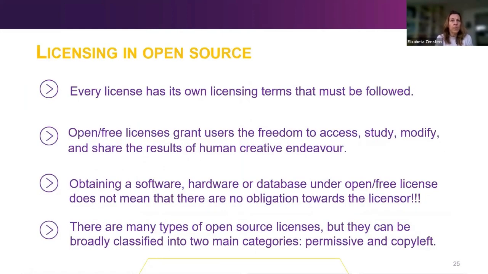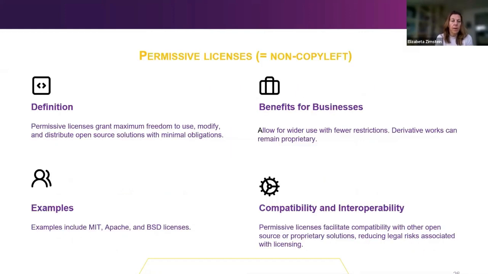So, open source licenses can be classified as reciprocal and non-reciprocal, permissive, and copyleft. Permissive licenses grant maximum freedoms to use, modify, and distribute open source solutions with minimal obligations.